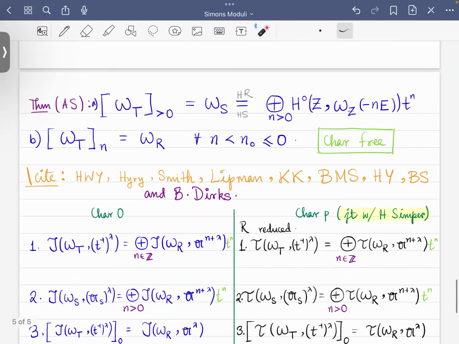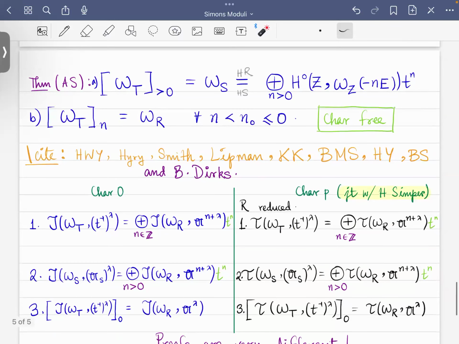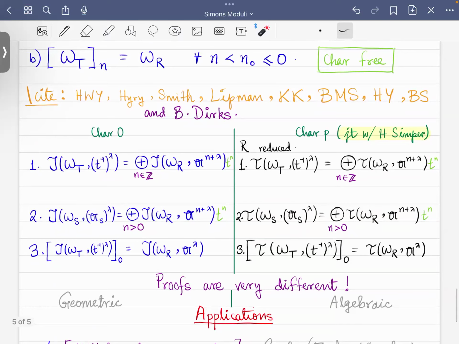I will go to the main theorems actually. This main theorem has two parts. One part is in characteristic 0 and the other part is in characteristic p. The characteristic p part is joint with Hunter Simper, but the proofs are very different.